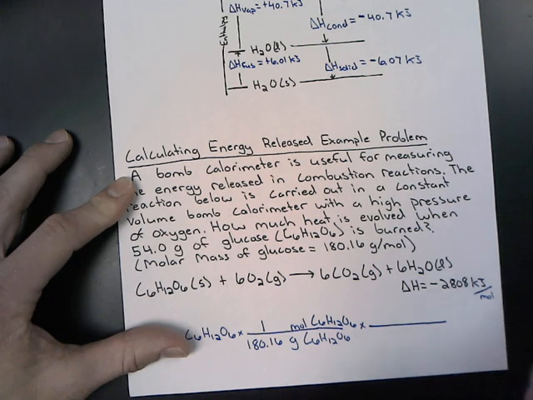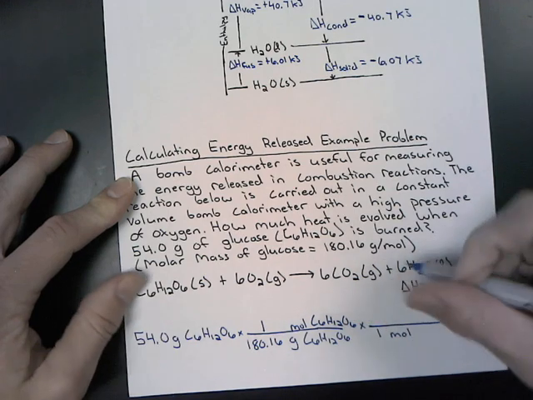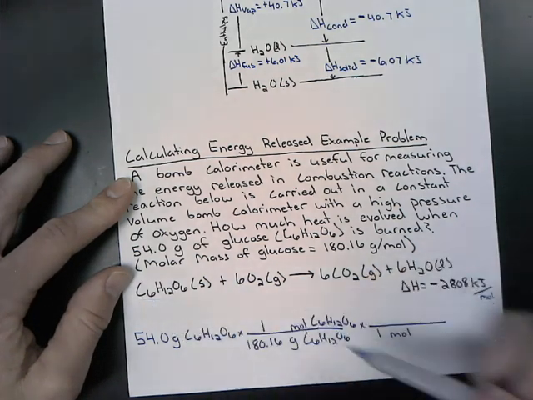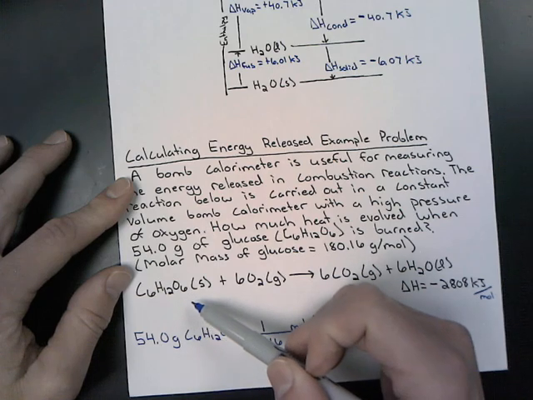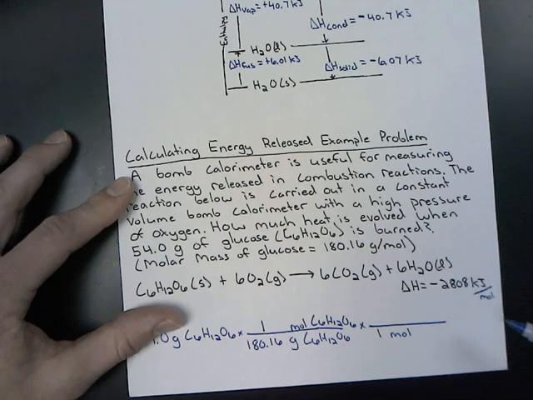So in this value, this is important here, for every 1 mole of this C6H12O6, there is negative 2,808 kilojoules per that mole.